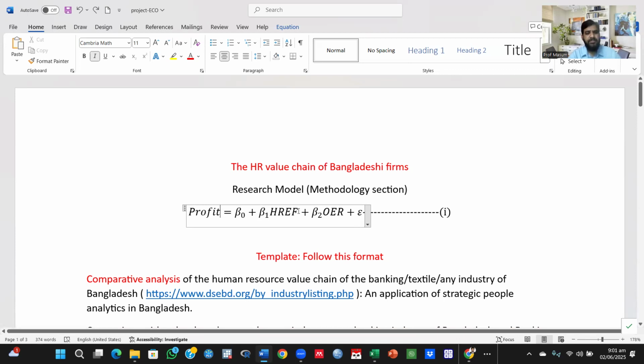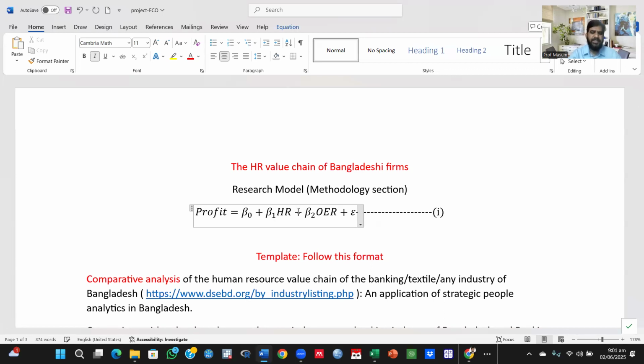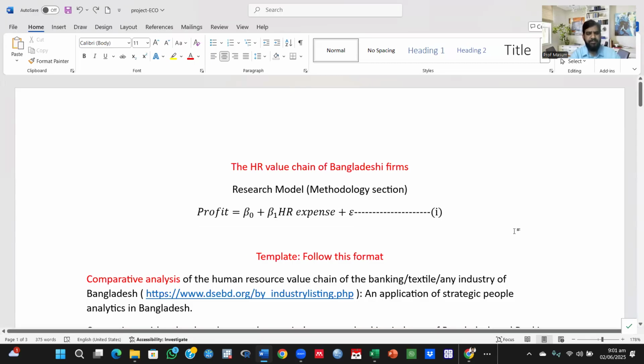Profit equals HR expense. And you don't have the operating expense information. That's why you cannot include it. HR expense you have. What is the impact of HR expense on profit? We are going to answer that.